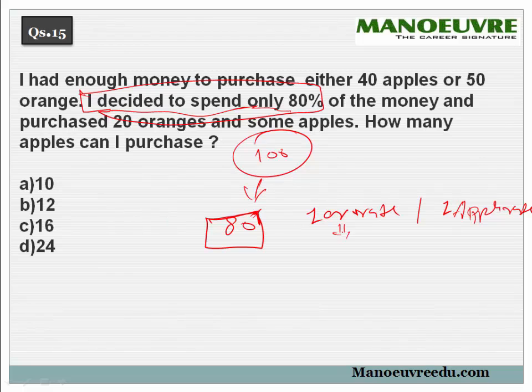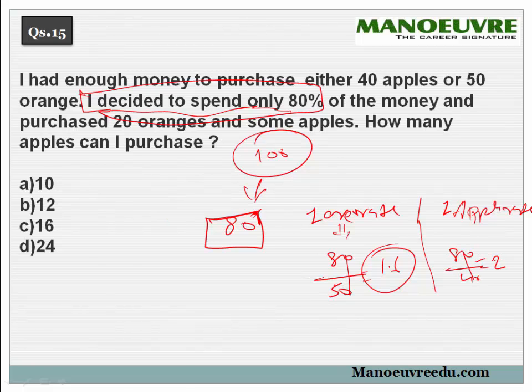So one orange is 80 upon 50, this is nothing but 1.6 rupees, and apple will cost me 2. I decided to spend only 80% of the money, so one orange costs me 1.6 rupees and one apple costs me 2 rupees.